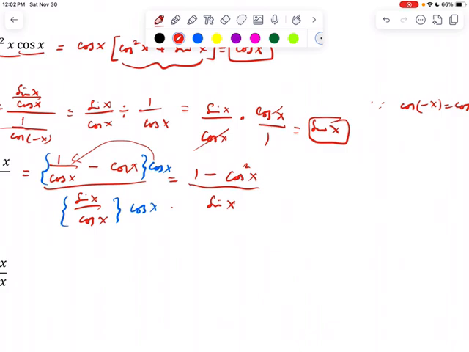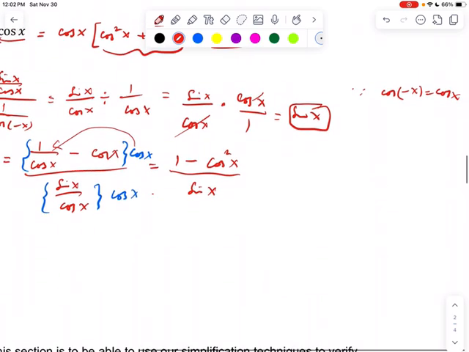So now, if you remember this identity, sine square x plus cosine square x is equal to 1. So if I subtract the cosine square x, I get sine square x is equal to 1 minus cosine square x. So the first fundamental identity can be written in 3 different forms.